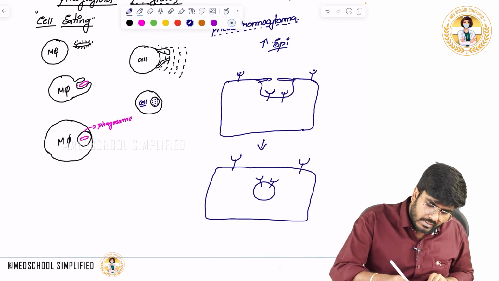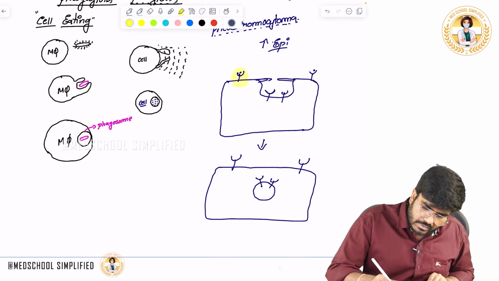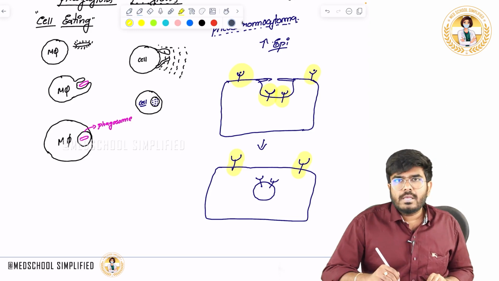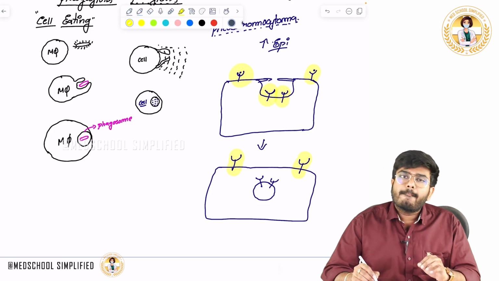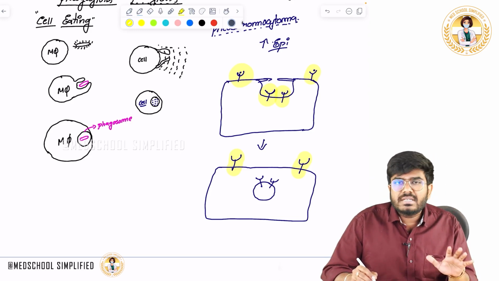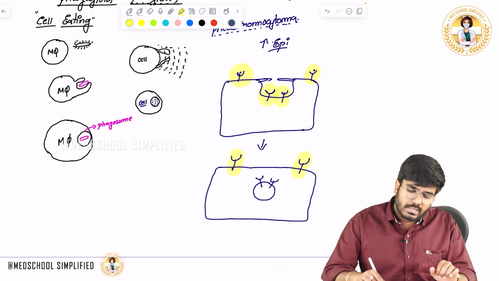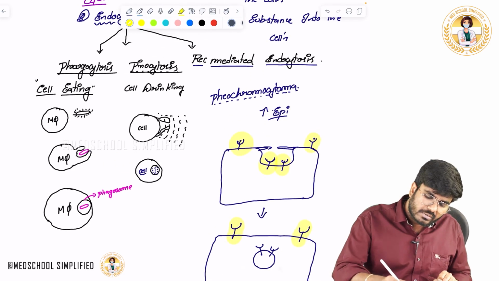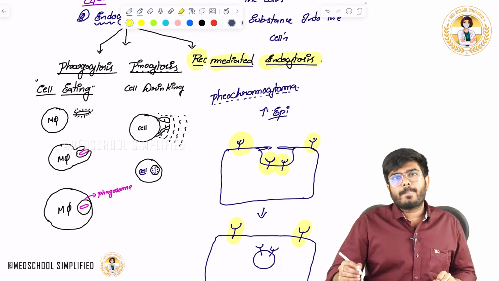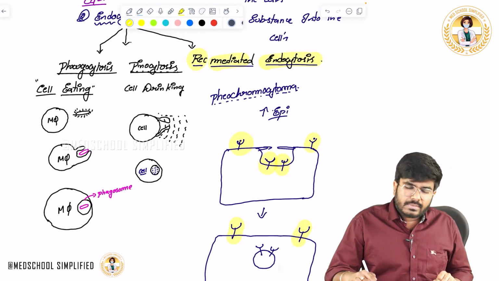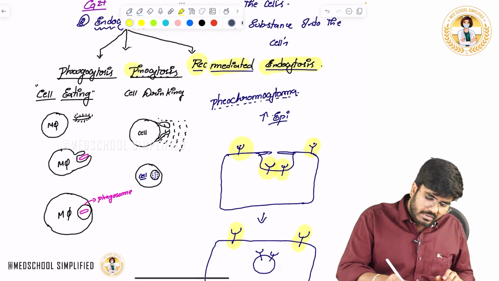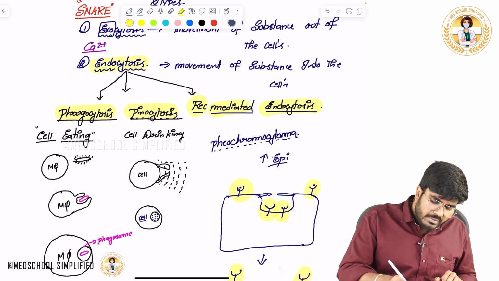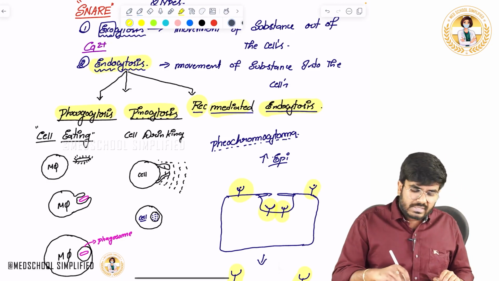Initially there were 1, 2, 3, 4 receptors. Now there are only 2 receptors. So whenever there is excessive stimulation, the number of receptors on the cell surface can be decreased through endocytosis. This is called receptor mediated endocytosis, a type of endocytosis. Pinocytosis is a type of endocytosis. Phagocytosis is a type of endocytosis. For endocytosis you require certain proteins.